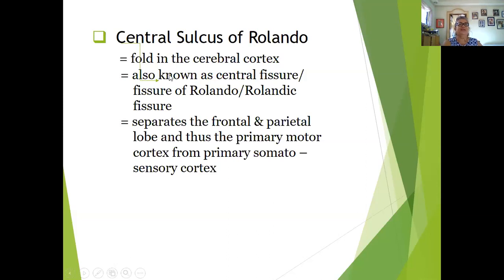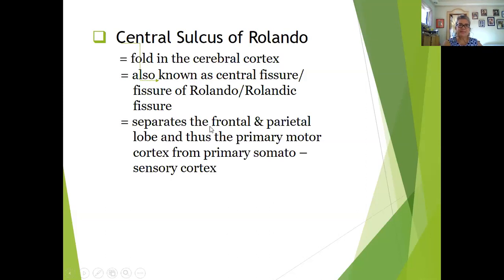Take note. So this is a fold in the cerebral cortex, and it has other names. I can accept that in the practical exam if you call it the central fissure, or the fissure of Rolando, or the Rolandic fissure.